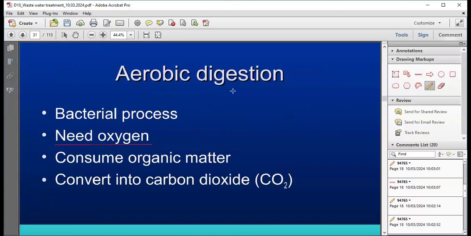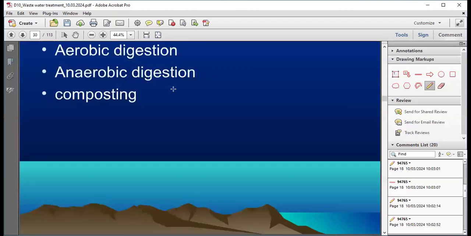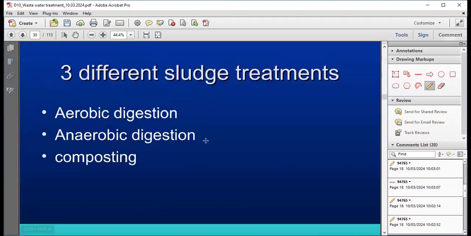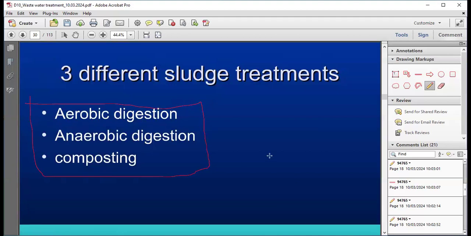That's the same word, digestion. The different sludge treatments, so this one is important: anaerobic digestion, aerobic digestion, composting, right?